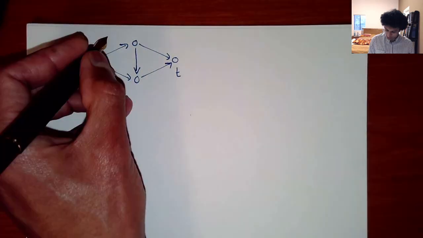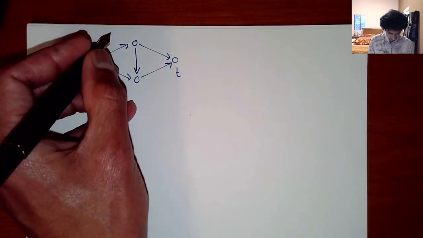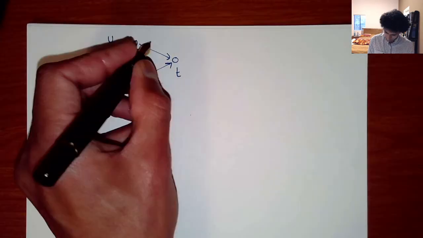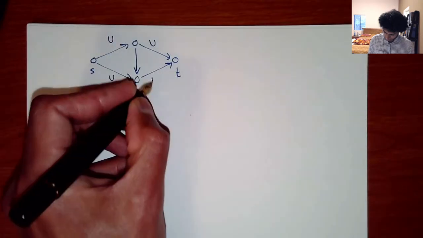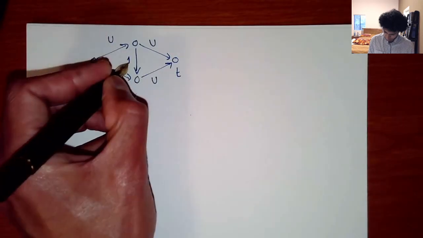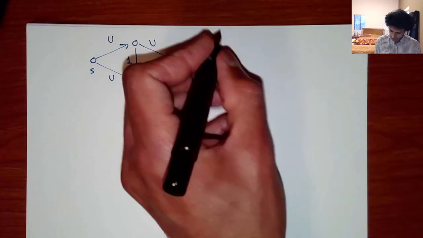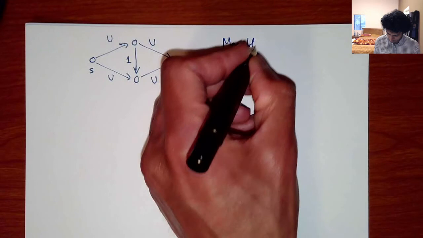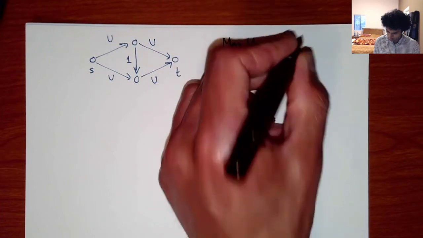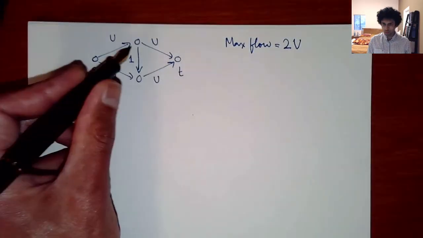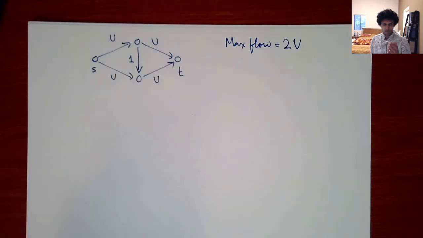The capacity here I'm going to call capital U. The capacity there is 1. So think of capital U as something really large. So it should be fairly obvious to you that the max flow is 2 times U, because you can send U units of flow on the top part, U units of flow on the bottom part, and this gives you a max flow of 2U.